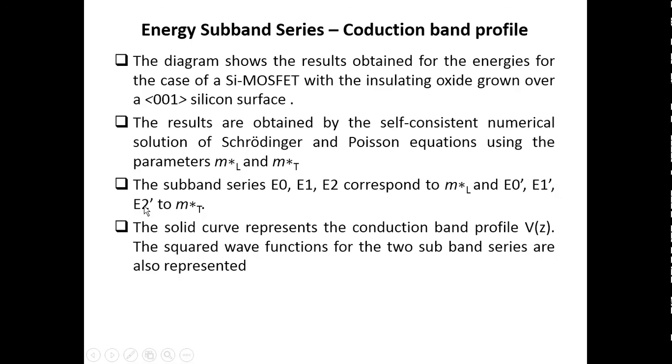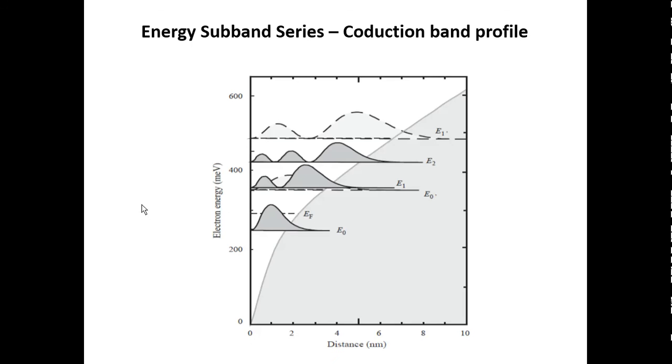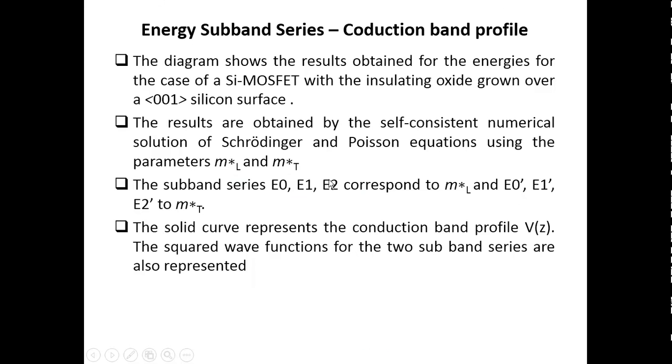That is shown here, the subband series that I have told you. This is the energy subband series. So you just understand that's all. These are all the conduction band energy subbands which are exhibited by the device. The solid curve represents the conduction band profile.